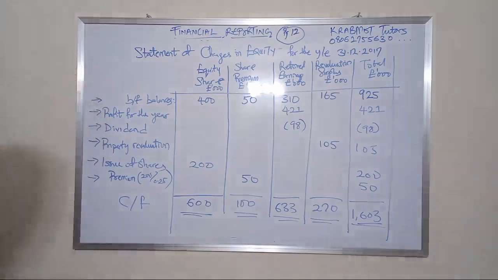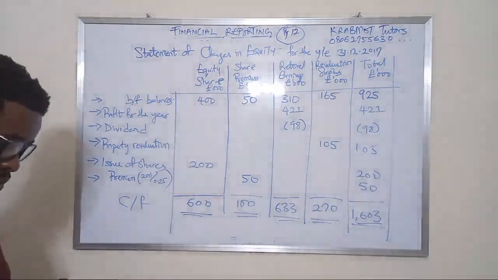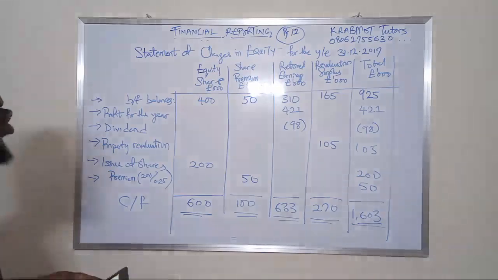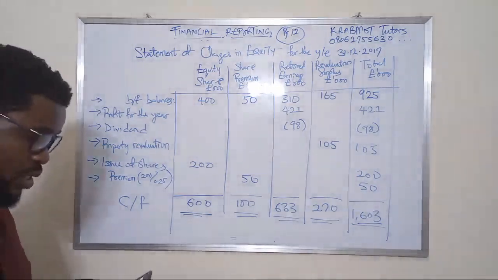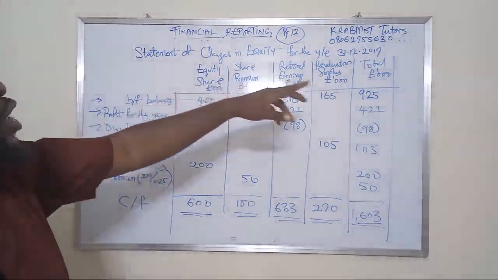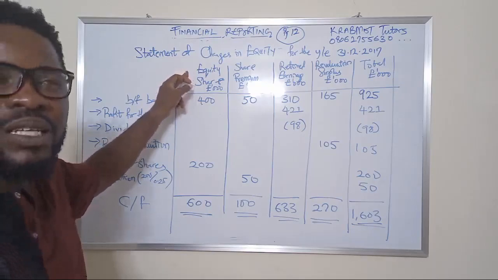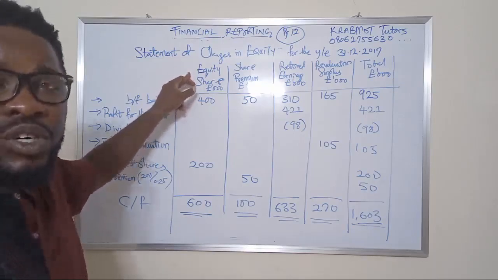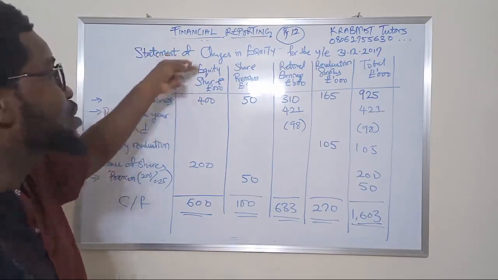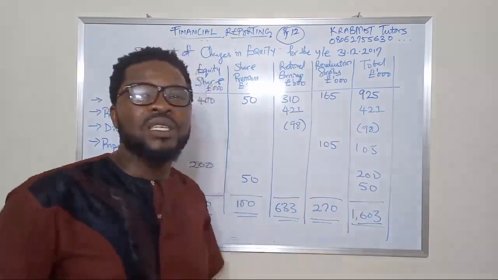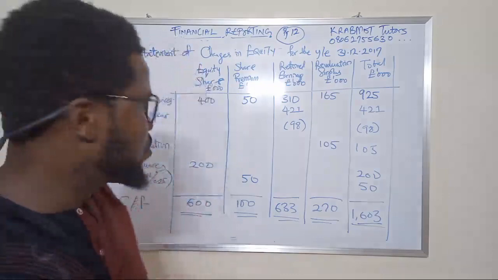So looking at that question, it is simply using the format, and it will help us easily put square pegs in square holes. This is what you see in your normal statement of financial position under equity. You normally see equity shares, share premium, retained earnings. You might not see revaluation surplus there.